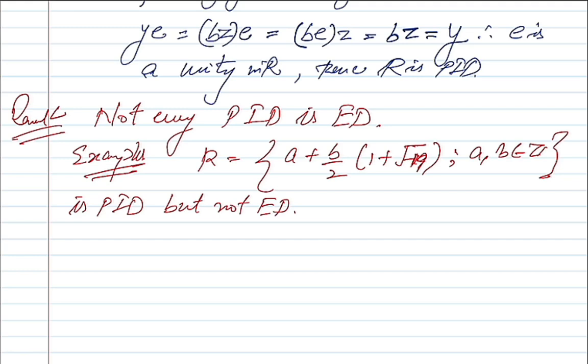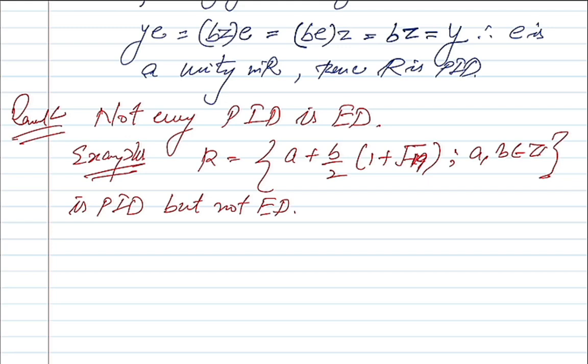Because those easy examples won't work. If you see, Z is a PID, and it is ED also. Just think about F[x], where F is a field, it is PID and it is ED also.